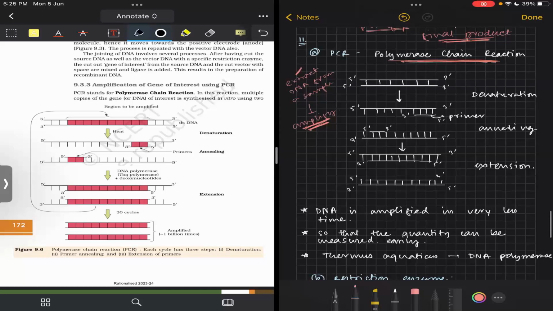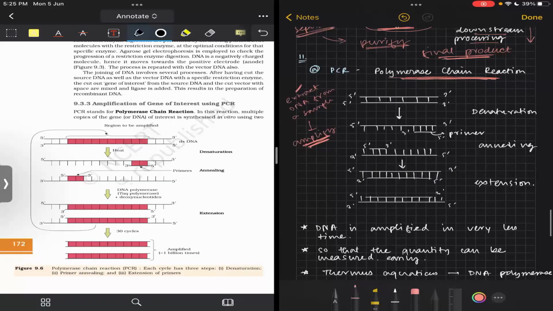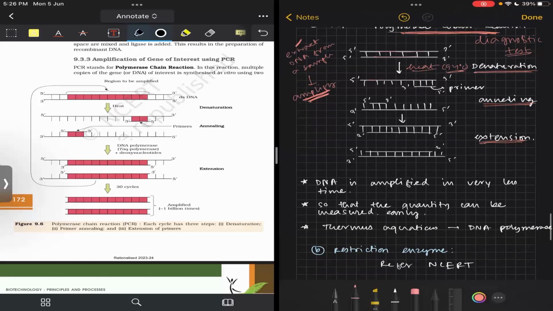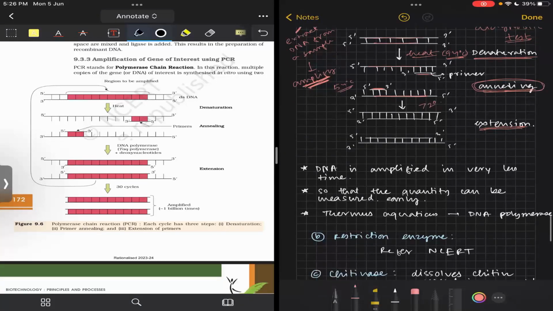So the basic procedure that PCR follows is first denaturation, second is annealing, and third is extension. In denaturation, we increase the heat up to 94 degrees Celsius, so the two strands of DNA get separated. And then in annealing, we add a primer, RNA primer. We reduce the temperature to 54 degrees Celsius now. And then we increase the temperature to 72 degrees Celsius again.